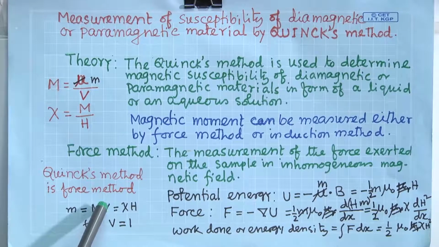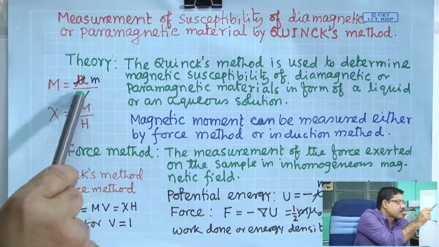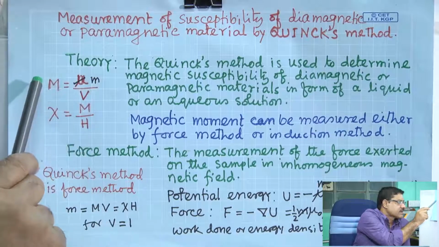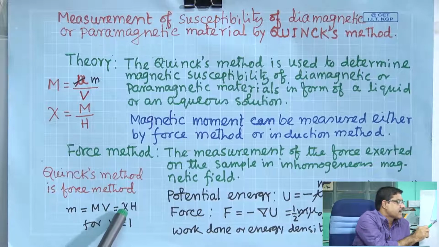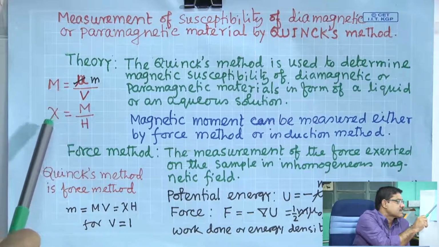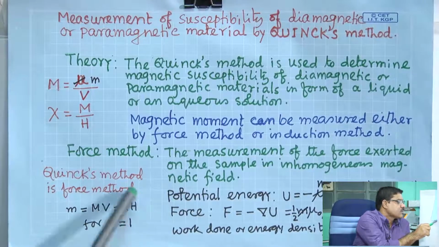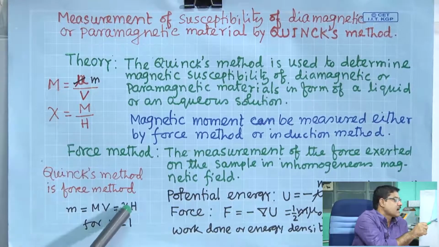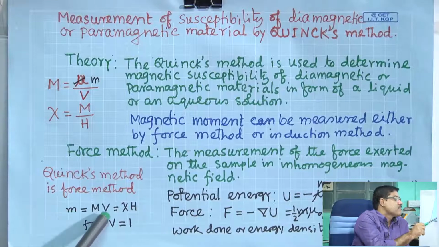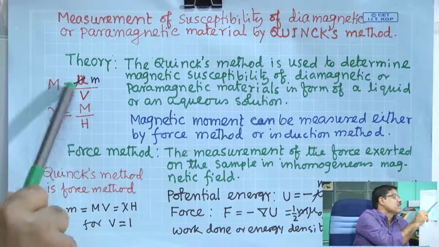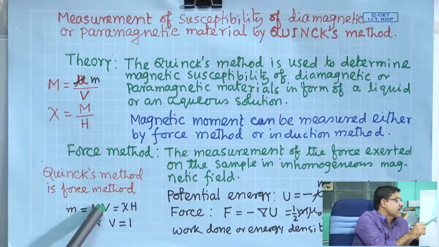If magnetization is defined as the total moment of this material divided by the total volume of the material, then this small m is capital M into V. And I can write chi M is chi H. So, if I put M is chi H, then m is MV, the total moment, and in place of M I can write chi H.